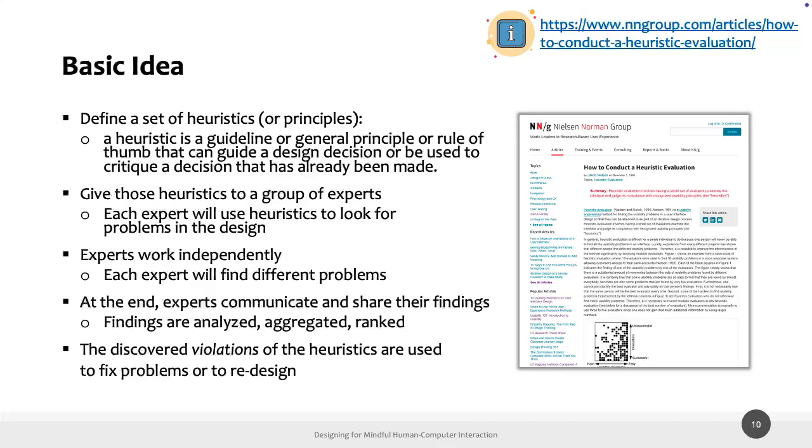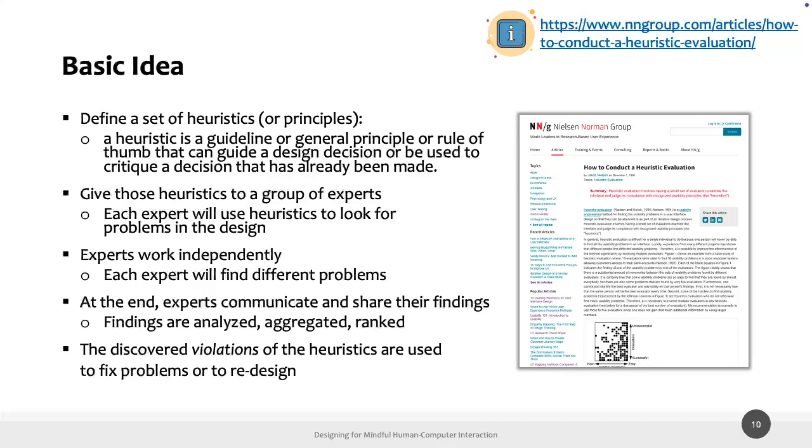the basic steps. You need to either use a set of heuristics or define your own heuristics to be used in the evaluation. Then you give those heuristics to a group of experts. And each expert individually will use the heuristics to look for problems in the design.